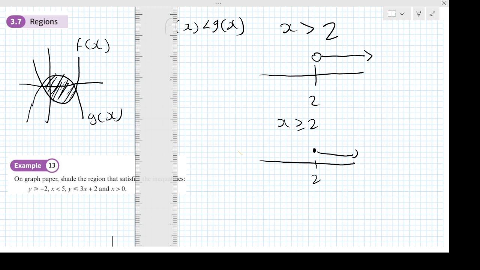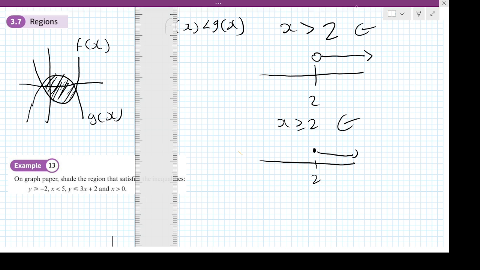So that's the key detail when we draw the inequality. Depending on whether it's a strict inequality or an inclusive inequality, so if we include the number, it affects whether we fill in the circle or not, right?